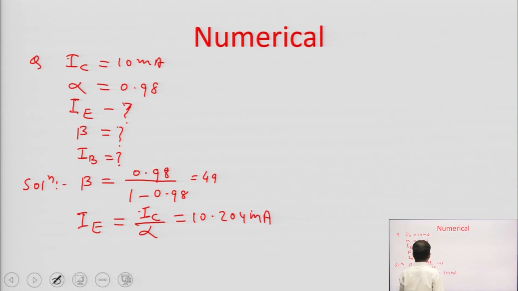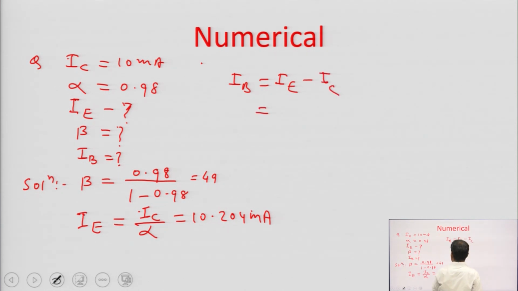Now, we have the value of IE and we already have the value of IC, so what will be IB? IB is equal to IE minus IC, which is 10.204 minus 10, that is 0.204 milliampere. So, guys, this is the application of alpha and beta.